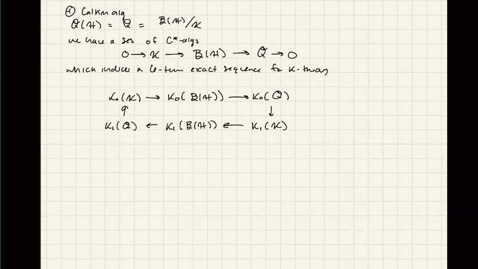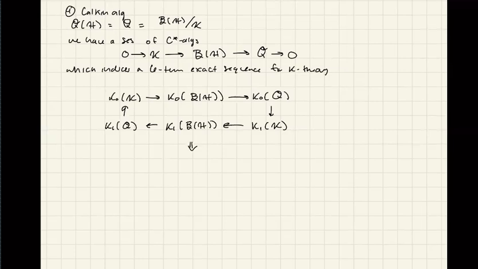So when we are computing K-theory of a C-star algebra via a 6-term exact sequence, we want to know the K-theory groups of 2 of the C-star algebras that are involved in this, because then we can find the K-theory of the C-star algebra that we are looking for using exactness. And that's exactly the case that we have here. We know the K-theory of the compact operators and of B of H. So let's put those in and look at the sequence that we get.